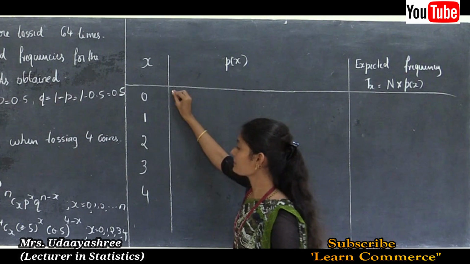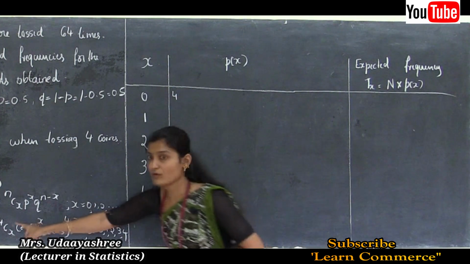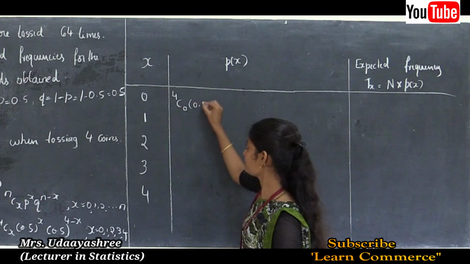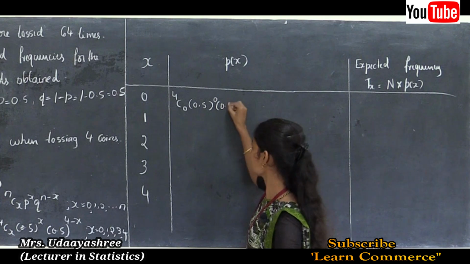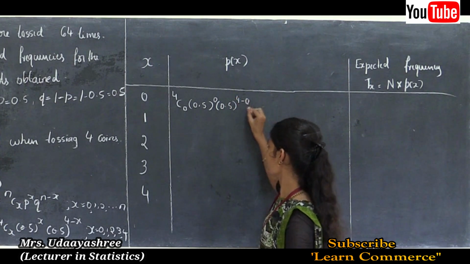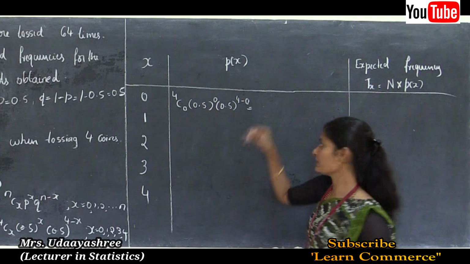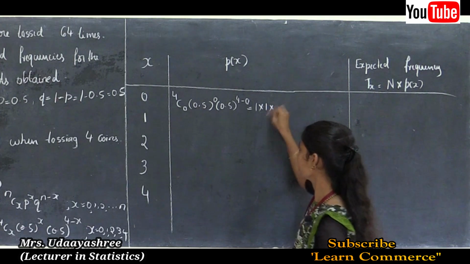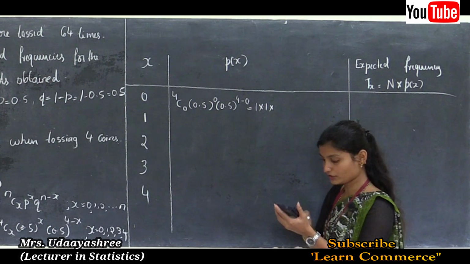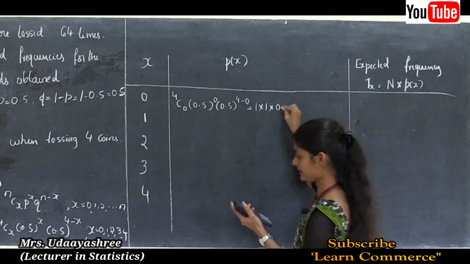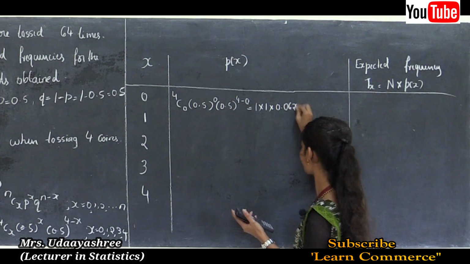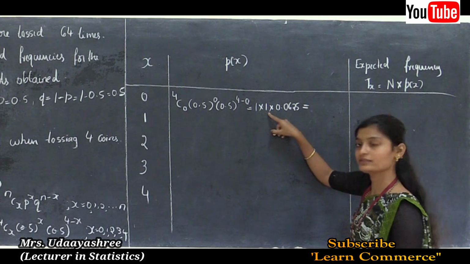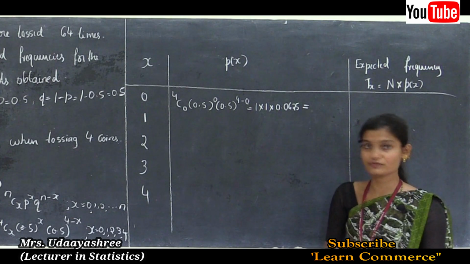That is 4C0 into 0.5 to the power 0 into 0.5 to the power 4 minus 0. This is equal to 4C0 is 1, into 0.5 to the power 0 is 1, into 0.5 to the power 4 is 0.0625. So P of 0 is 1 into 1, that is 1, and 1 into 0.0625 is 0.0625.